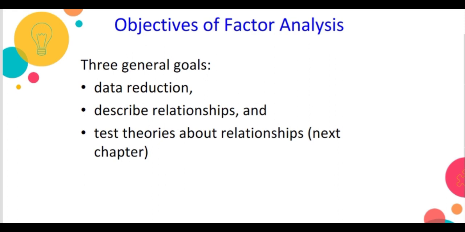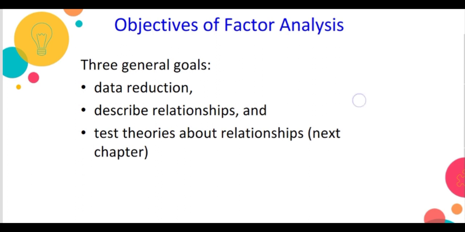Okay, so basically we have three general goals to conduct the factor analysis. The first one is data reduction. As you know, our intention is to minimize the variables using the factor analysis.